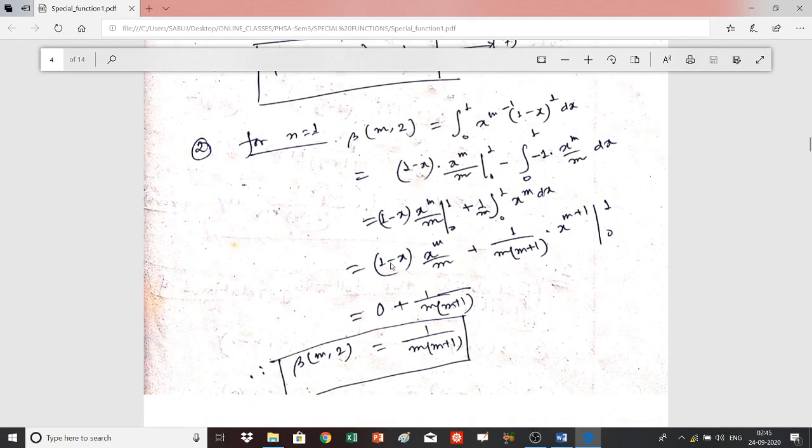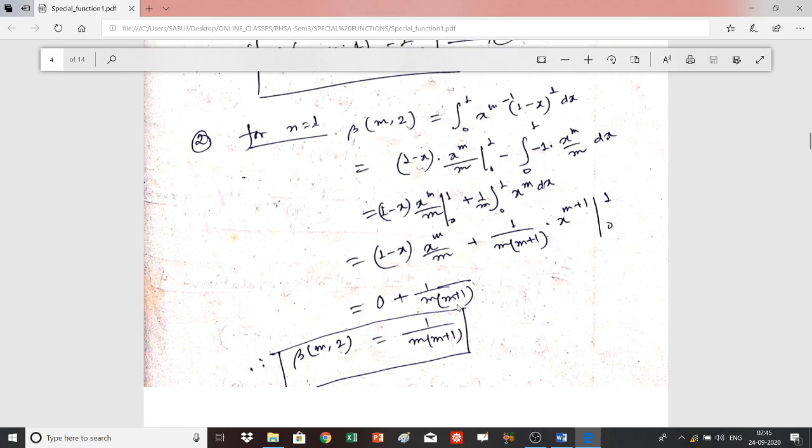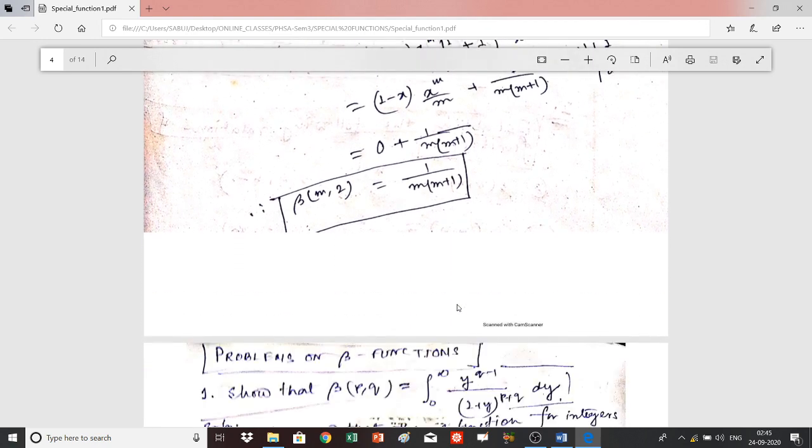That is equal to (1 minus x) x to the power m by m, with the limit 0 to 1, and then from here 1 by m, if you integrate this, that will give you x to the m plus 1 by m plus 1, from 0 to 1. If you use the limits, then the first one will give you 0, and the second one will give you 1 by m into m plus 1. So beta m,2 is equal to 1 by m into m plus 1.